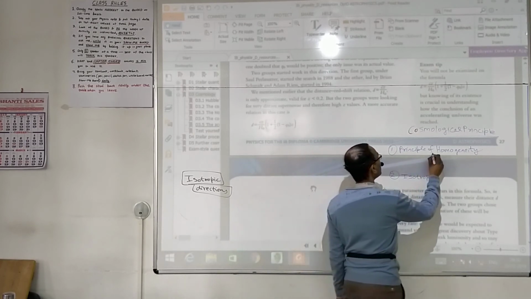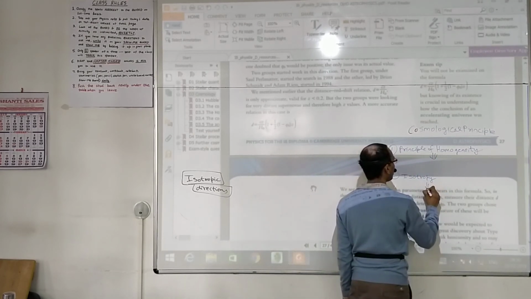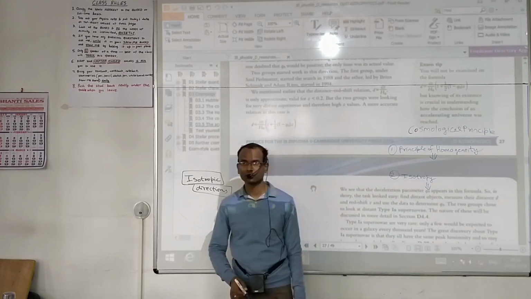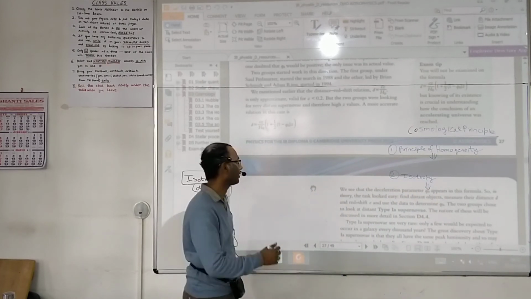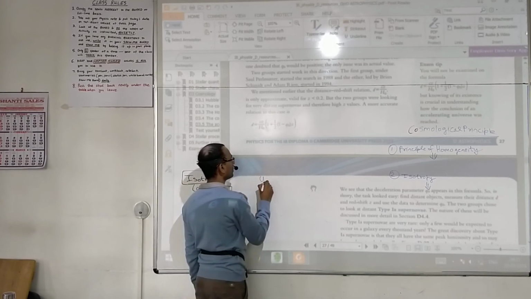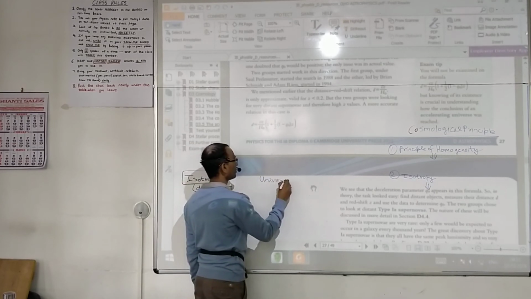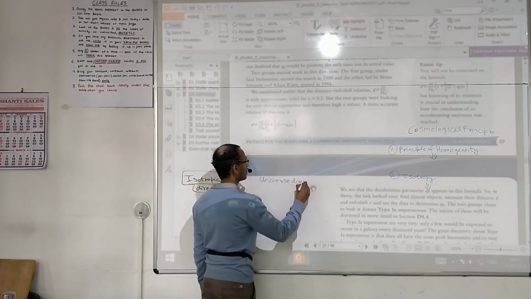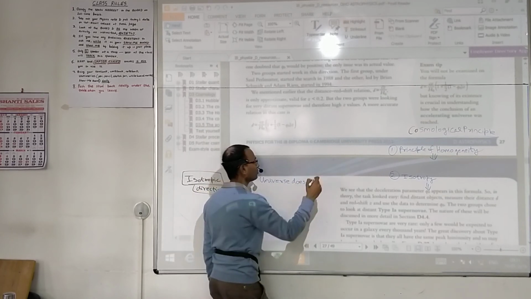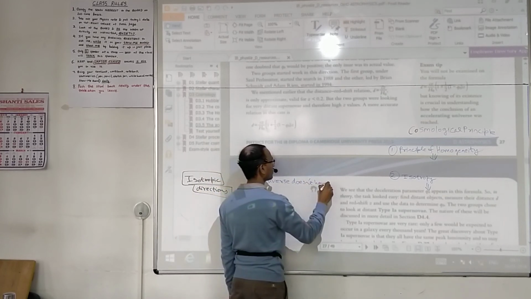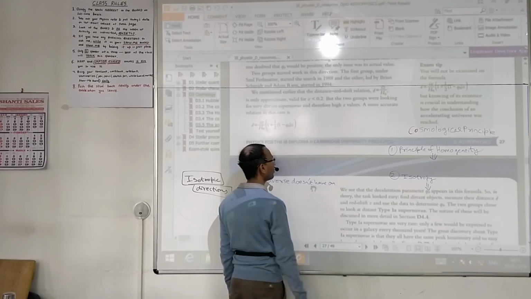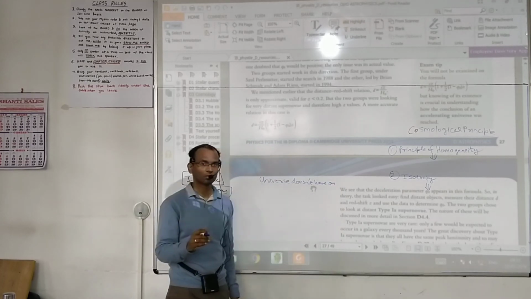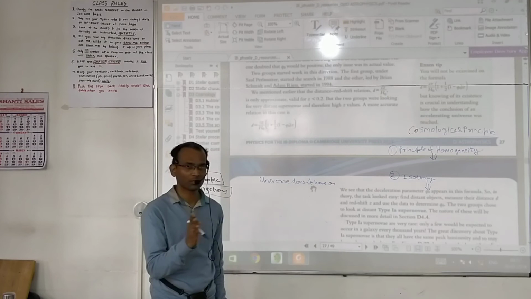Now, the principle of homogeneity leads to one conclusion, and isotropy leads to another. What are those two conclusions? I'll tell you one: the universe doesn't have an edge. Which of these two principles is it due to? Isotropy means in any direction you see, there should not be any change.